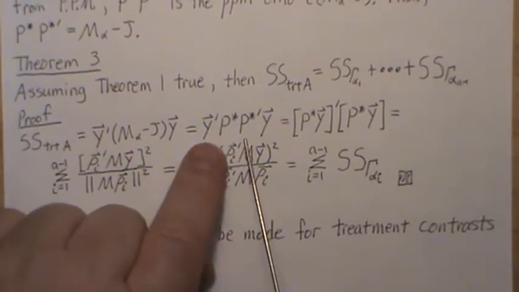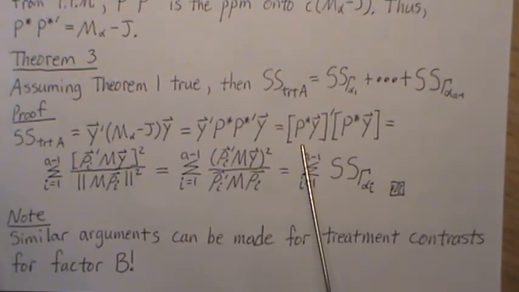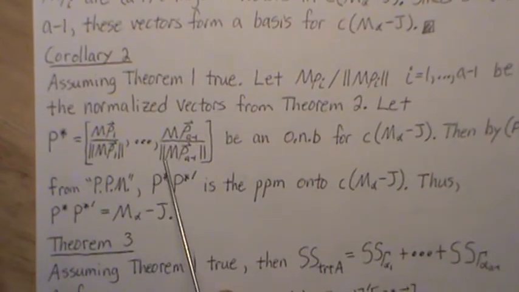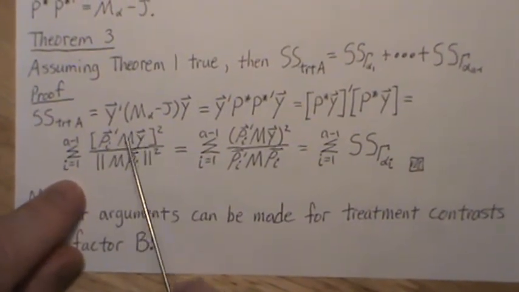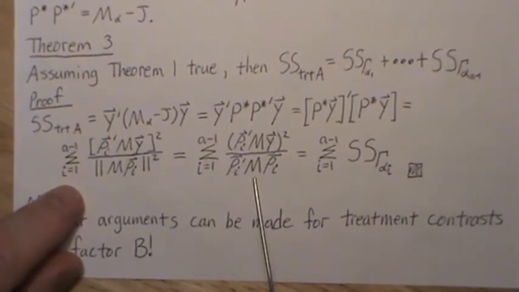But this can be thought of as two vectors, like this. But the way we define P star as the columns of those orthonormal bases, that is this sum, right? So this squared comes over, and then this is the length of the vector squared, which is this.